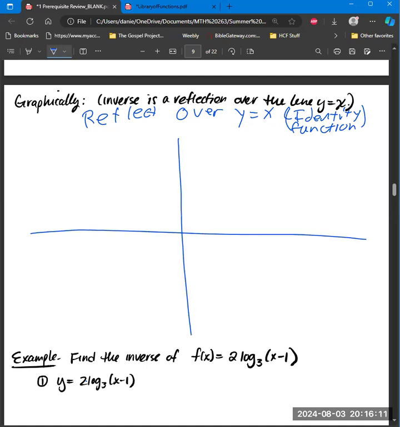So just a quick sketch here, I'm going to put the broken line here, y equals x, as it's not actually part of my graph. And I'm just going to give an example of two functions here that are inverses. For example, y equals e to the x.